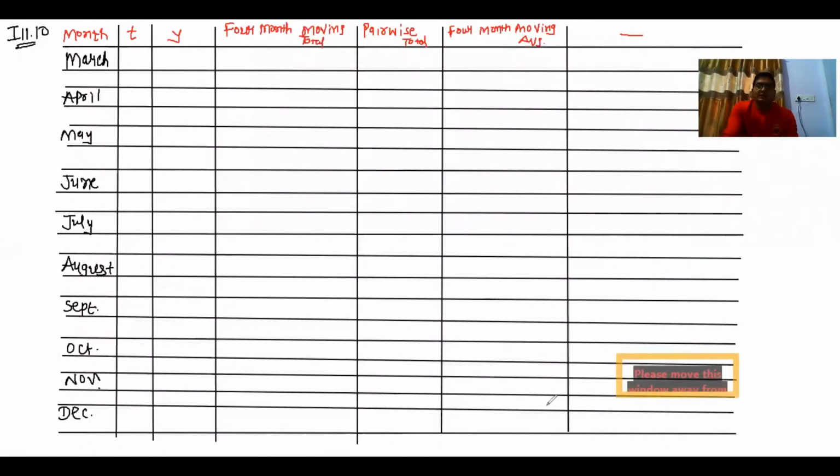So now friends, here is the sum for 4 years, or 4 months moving total. In this sum, illustration number 10, the months given are March, April, May, June, July, August, September, October, November, and December.